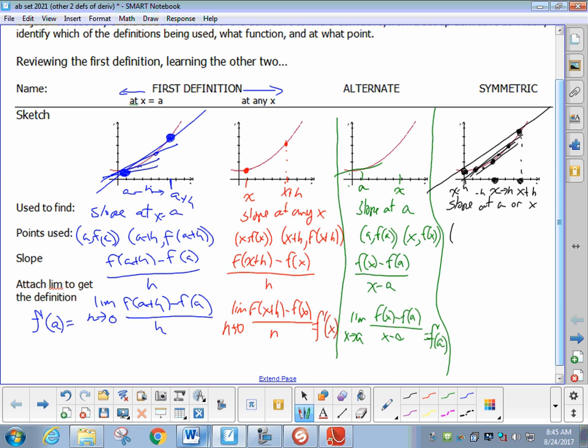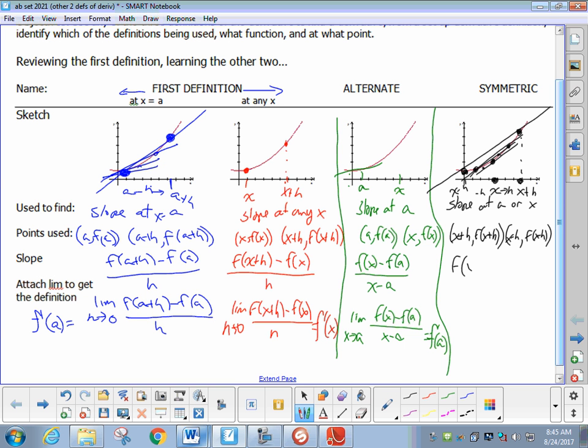What are the points? X plus H, F of X plus H, and what's the lower? X minus H, F at X minus H. Right? The slope then would be, it's arbitrary, remember with slope, as long as you stay consistent, it doesn't matter which you call first and second.